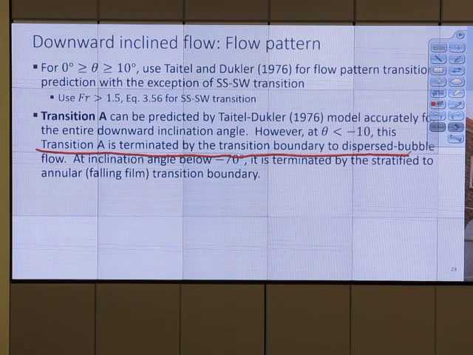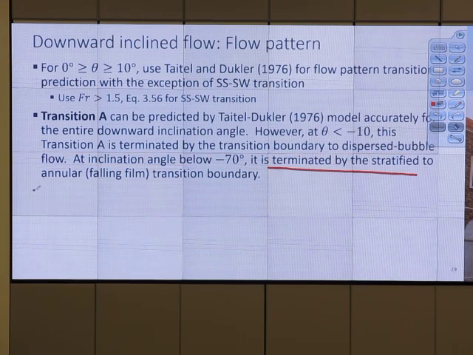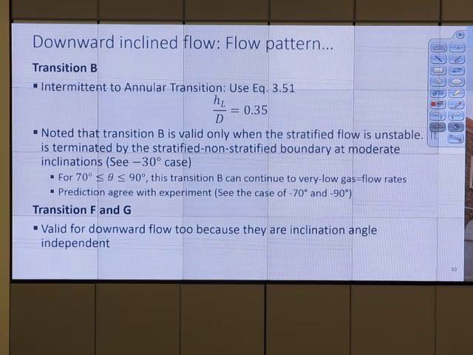So below 70, it is terminated by the falling film transition boundary, and we will look at other transitions. Transition B, intermittent to another flow. This transition B is valid when the stratified flow is unstable. So you check transition A before checking transition B, right? It says between 70 and 90, transition B can continue to very low gas flow rate.